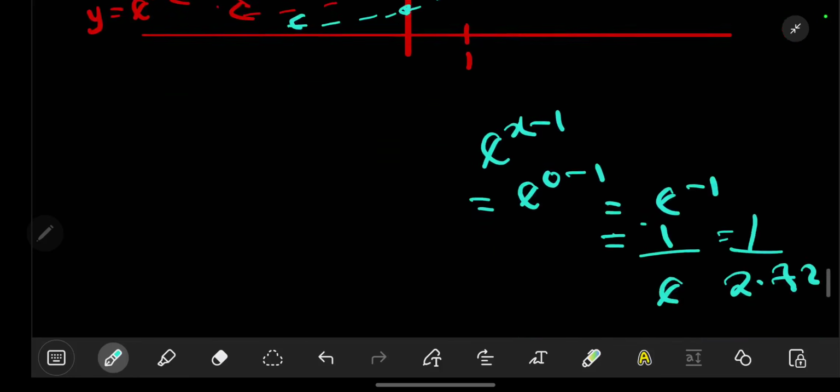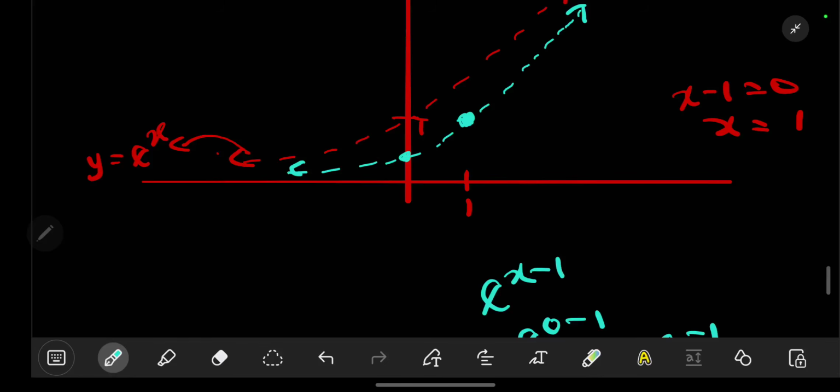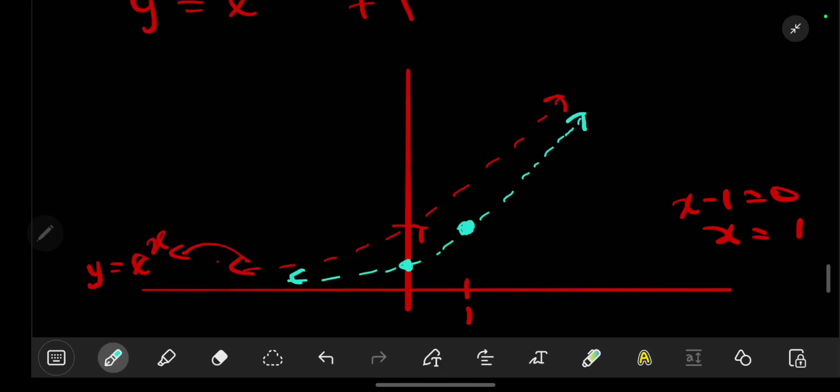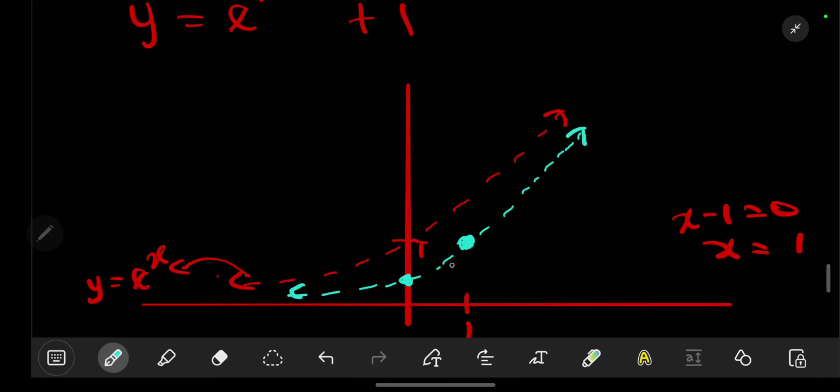You cannot do this properly without a calculator, but we know that it's somewhere there, but less than 1.